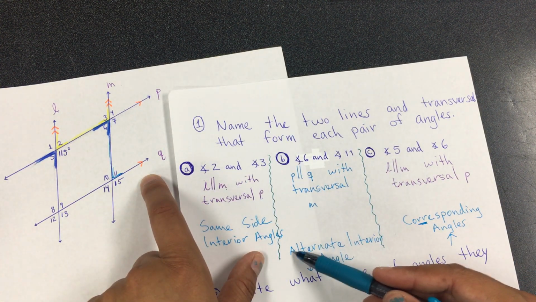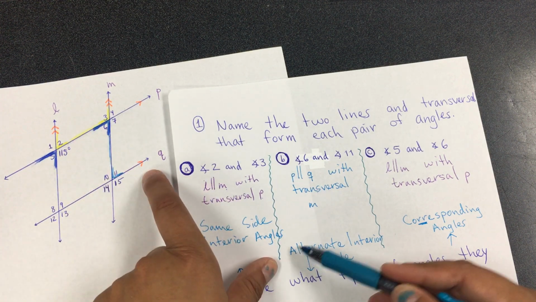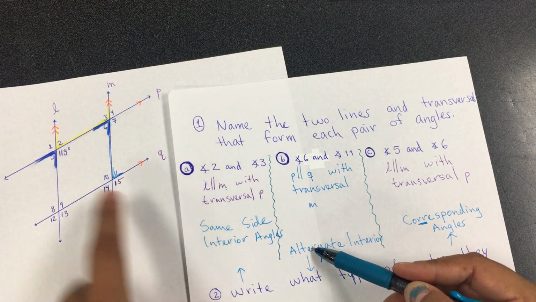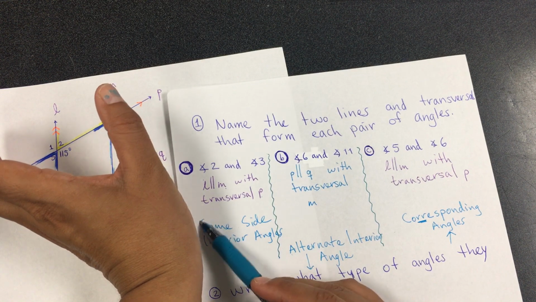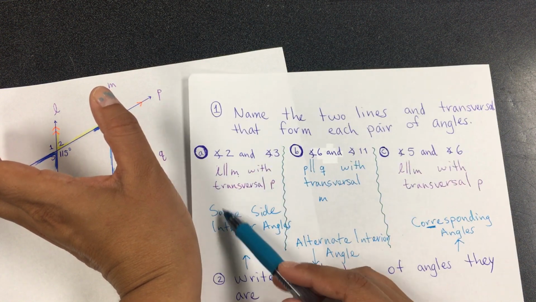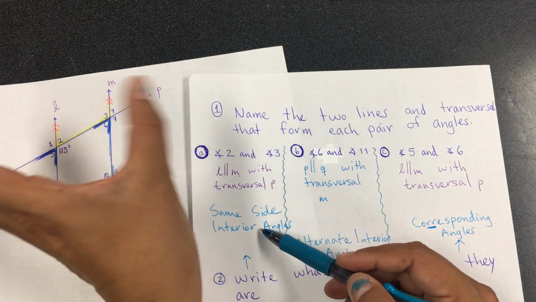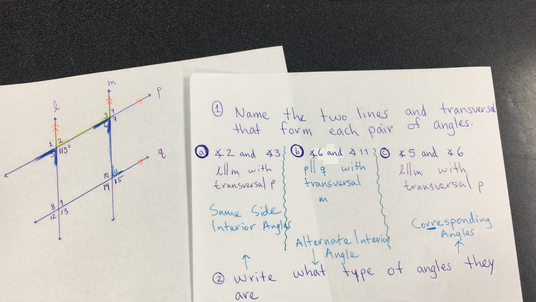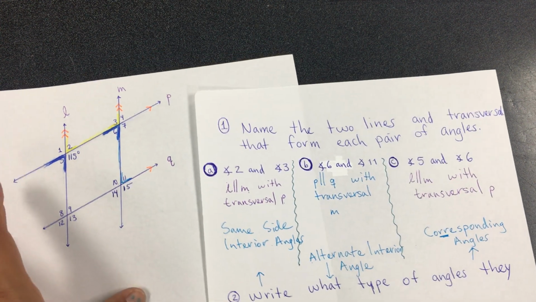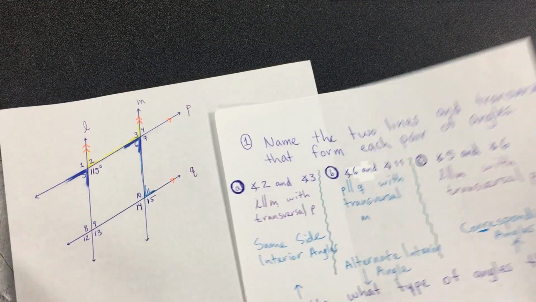It has the A for letter Z, A in the name. And C has the same sound as same side interior angles. Okay, maybe those tricks will help you, maybe not, I'm not sure, but you can try.